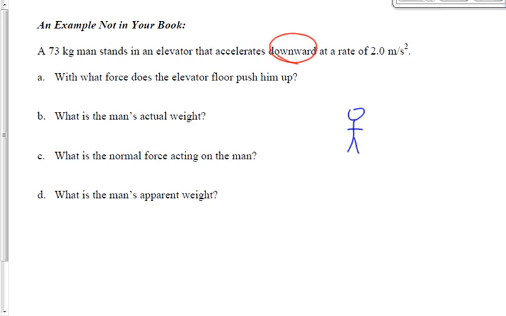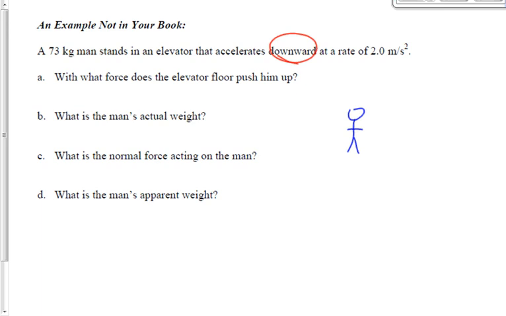Actually, if it was just the force of gravity, he would appear weightless for a brief time, for a second or two, until he went splat on the ground, because he'd be free falling, and as he's free falling, he would be weightless. It just wouldn't last for that long, because he'd hit the ground. So if it's just gravity, he free falls downward until he hits the ground.